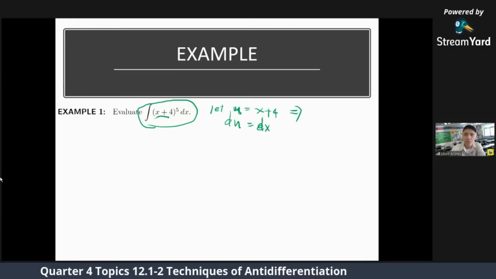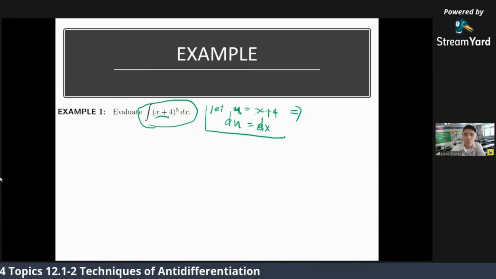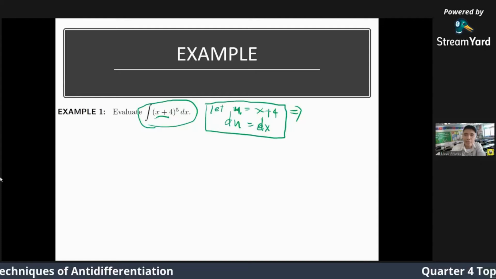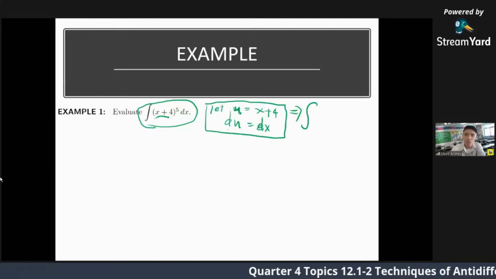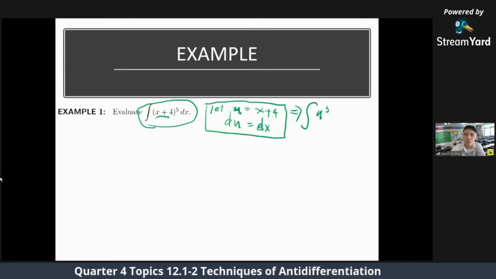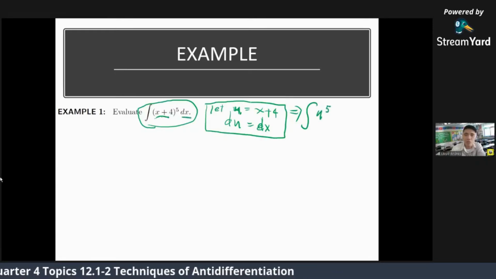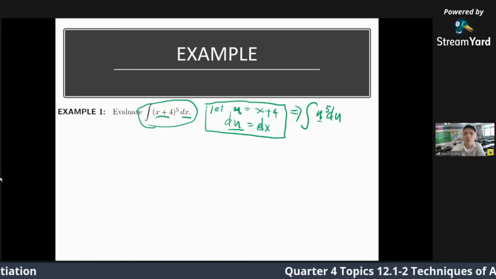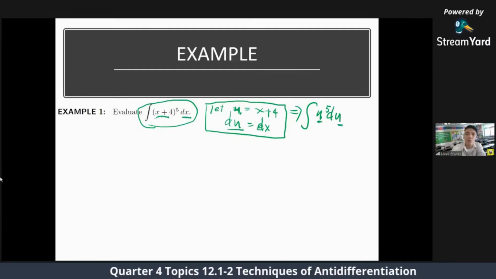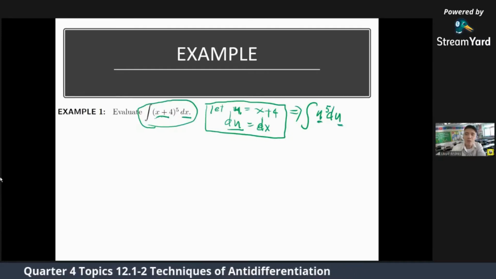So based ani, nag-substitution ka, you can now rewrite that one as integral of ang u nimo, ang x plus 4 mahimo na sa u raised to 5. Tapos ang dx nimo equal ra man na kay du. So du na po niya diri. Kailangan du siya because u naman imong variable para consistent imong variable.